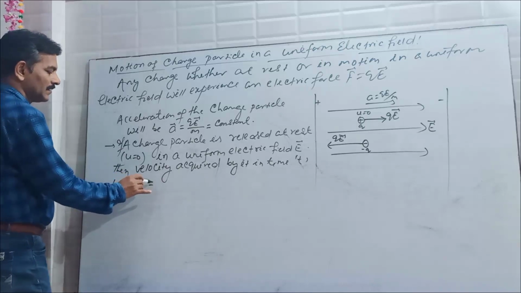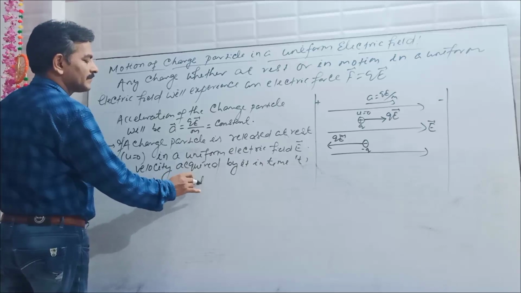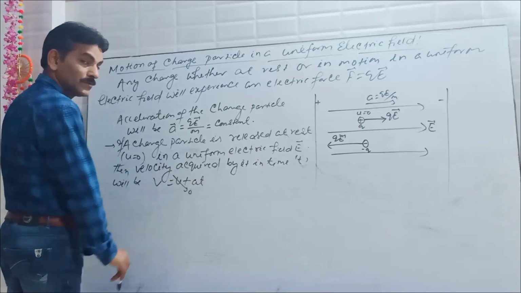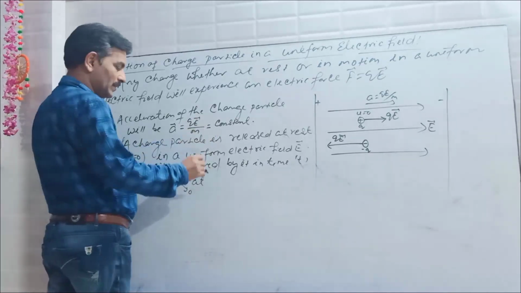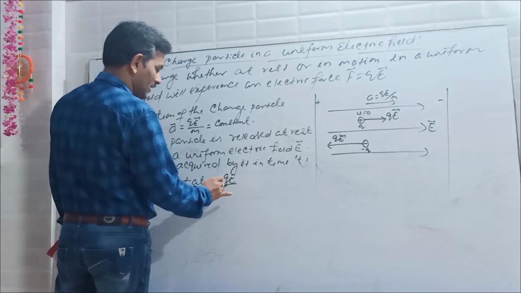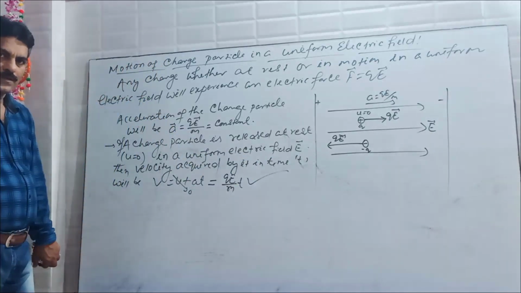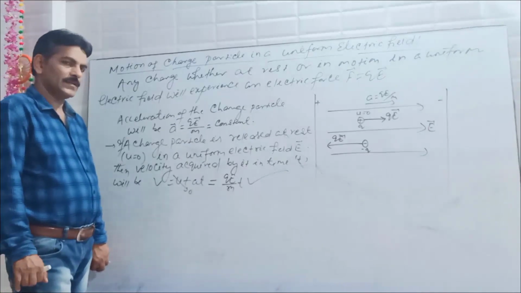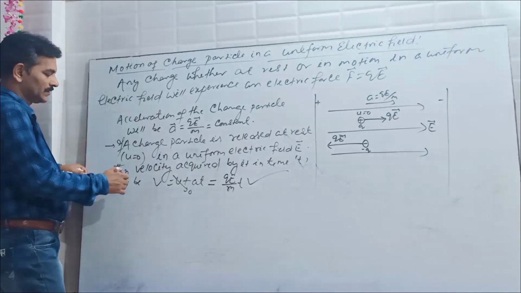You see, v is u plus at, but u is 0. The charged particle is released at rest, so u equal to 0, so v equal to at. a is how much? QE by m, into t. So this is the velocity acquired by the charged particle in a uniform electric field in a time t. Clear?